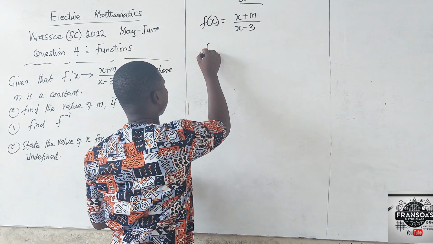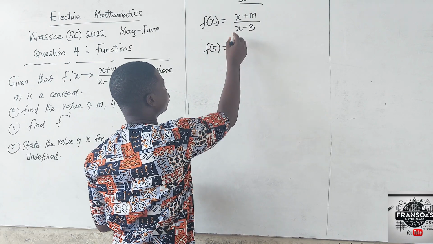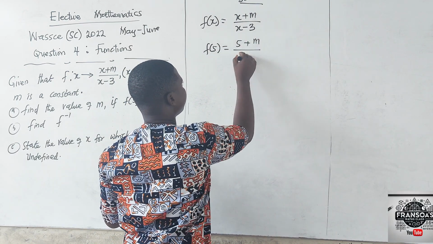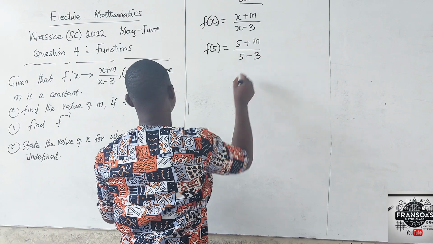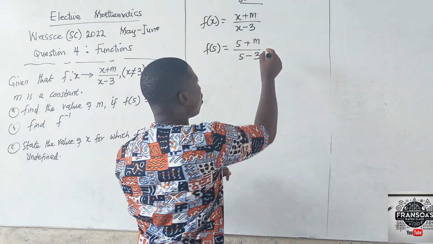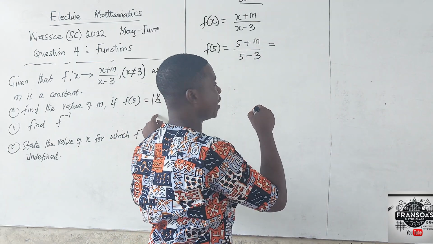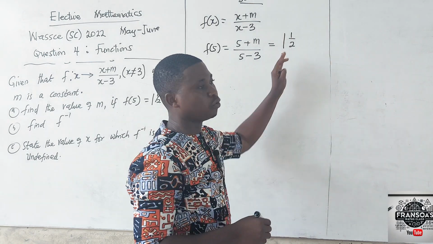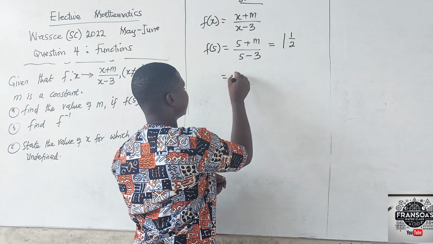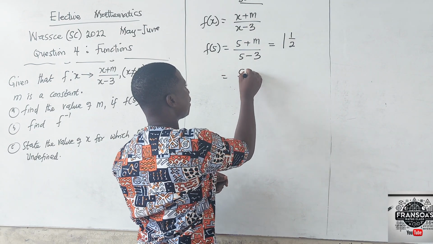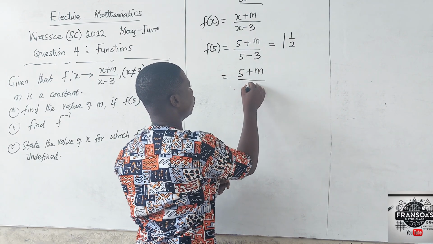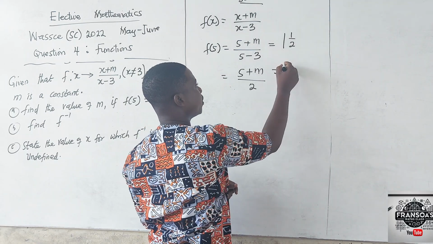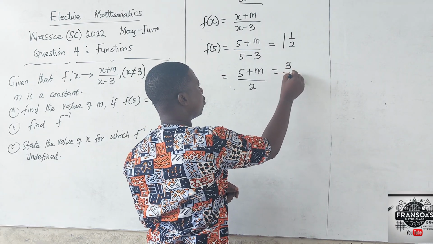So f of 5 is equal to 5 plus m over 5 minus 3. And we are told that f of 5 should be equal to 1 1/2. Let's simplify this: 5 plus m over 2, since 5 minus 3 is 2, is equal to 1 1/2, which when you change it, we have 3 over 2.